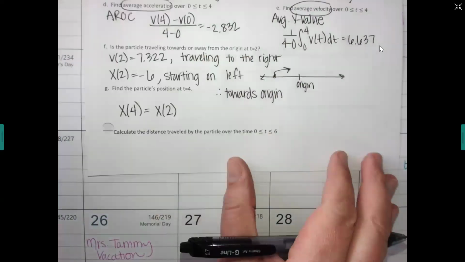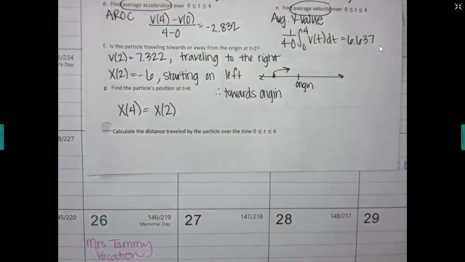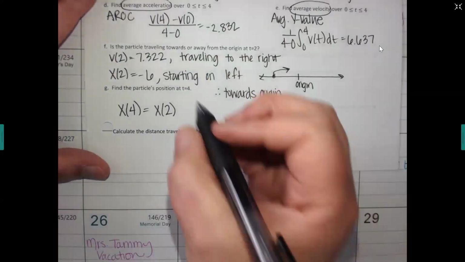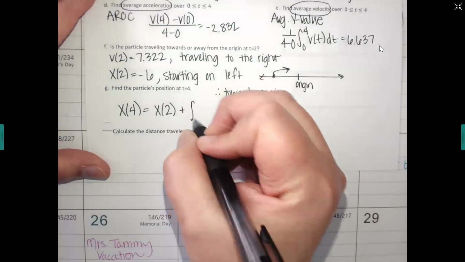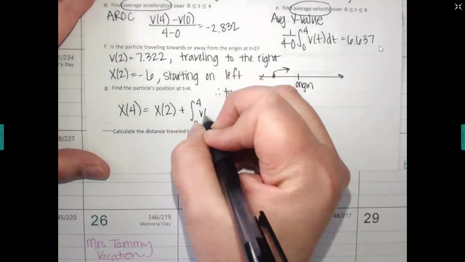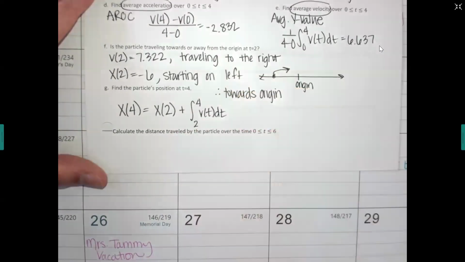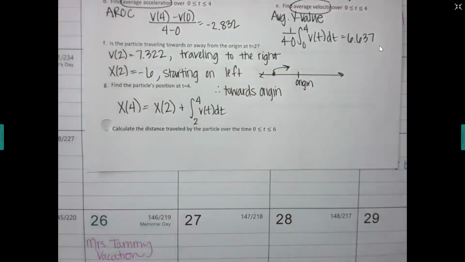What do we need to add to the position at 2 to know the position at 4? The integral between those times. Very good. Okay. And you know it's an integral because you were given velocity, but you're trying to work backwards to position. So remember, velocity to acceleration is a derivative. Velocity to position is an anti.